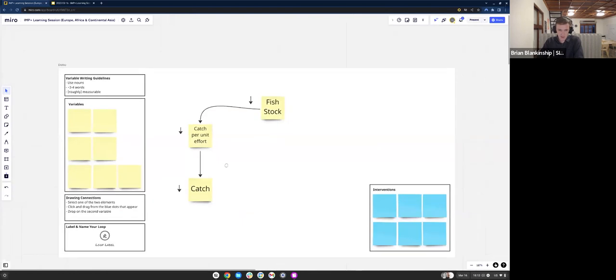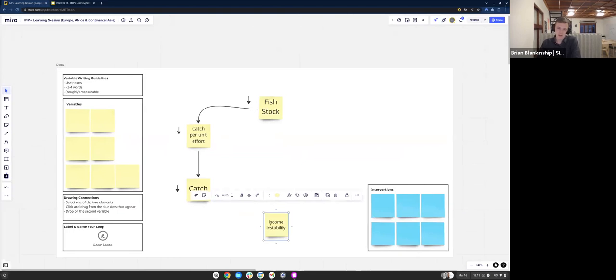And from there, we had an awareness that as the catch went down, this created income instability. Again, I look at catch, I look at income instability, and I say, as catch goes down, income instability goes up.